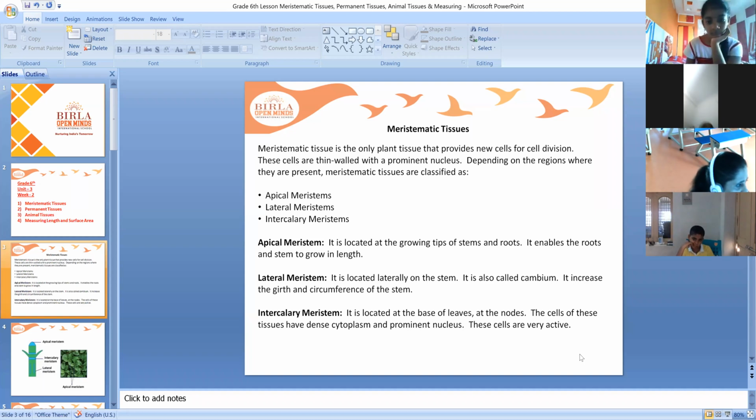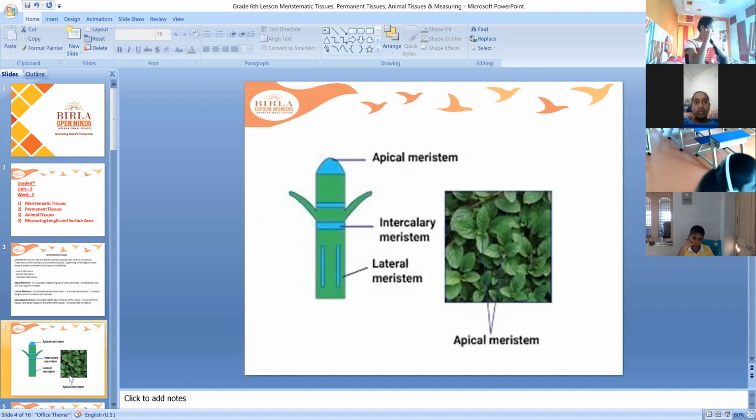What are the functions of the apical meristem? Apical meristem is located at the growing tips. If you can see in this picture, the apical meristem is present at the growing tips of the stem. Lateral meristem is present at the lateral sides of stem and roots.